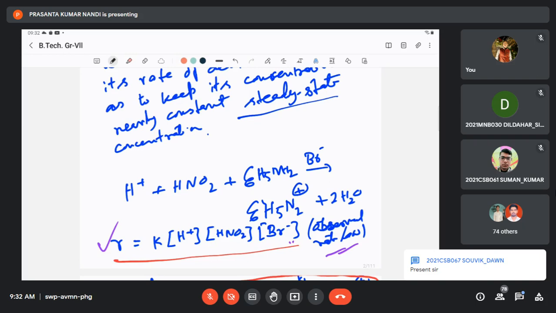The observed rate law is: rate equals k [H+][HNO2][Br-]. This is the observed rate law. Okay.